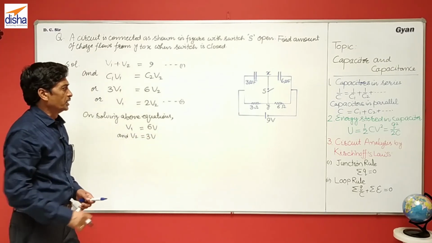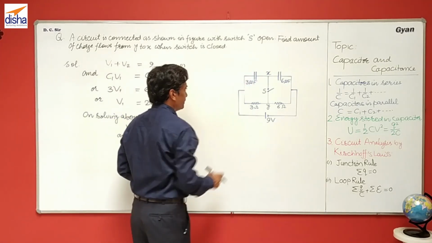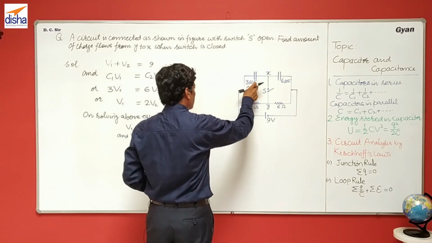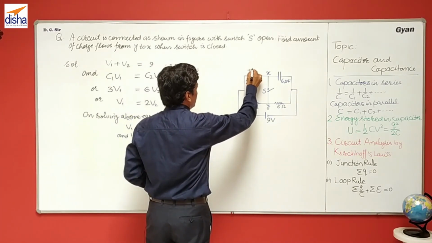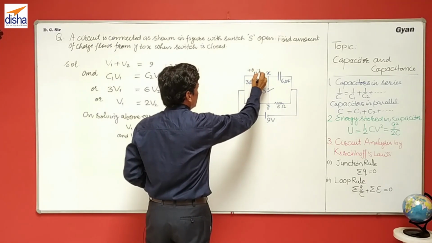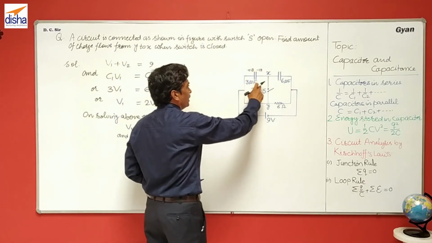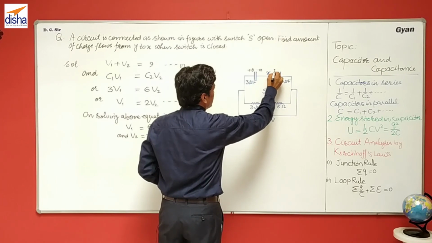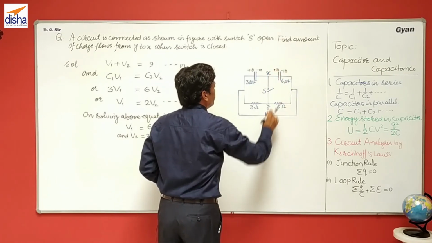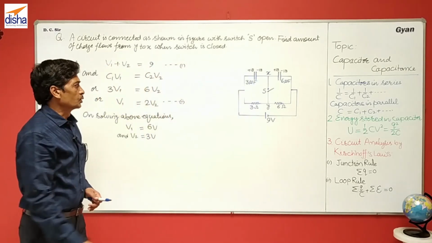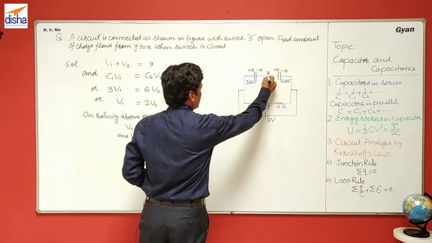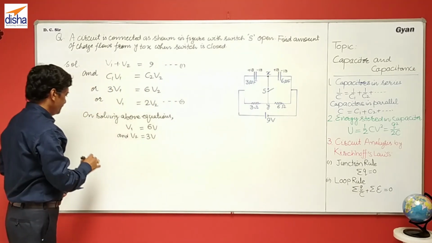So the initial charges on these capacitors are: on the one with 6 volt, it is plus 18, that is 3 into 6, and minus 18 in microcoulomb, and here it is plus 3 into 6, plus 18 microcoulomb and minus 18 microcoulomb.